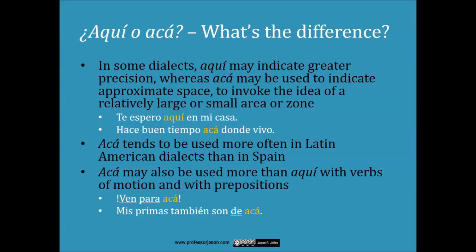In some dialects, aquí may indicate greater precision, whereas acá might be used to indicate the idea of a space or a zone, although that zone or space could be relatively large or relatively small, but still the idea is here. Examples: te espero aquí en mi casa, that's relatively small, or hace buen tiempo acá donde vivo, relatively large. Acá also, I think, tends to be used more in Latin American dialects than in Spain.